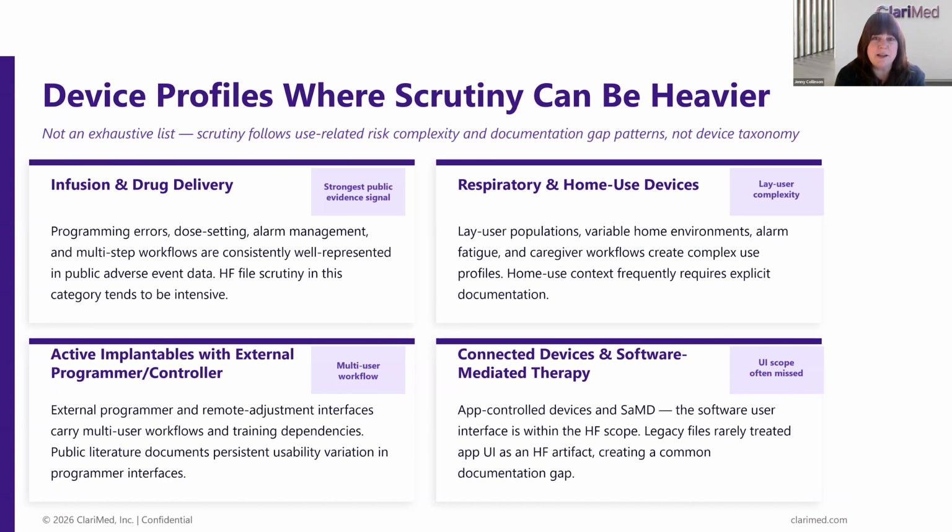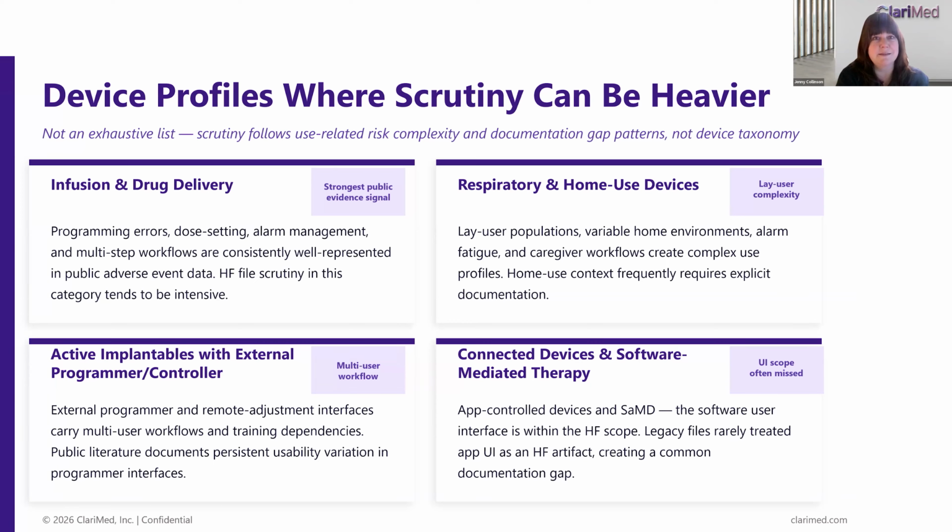Yeah, so I think we were just talking about the different types of device profiles which might lead to scrutiny, and it's nice that Angelina mentioned lay user populations because I just feel that's somewhere that should be scrutinized. I do think also sometimes, and we haven't mentioned it in this presentation, lay user and home use is added to the scope of use of a product after it's launched, so it will start out in professional use and then end up in the homes, and that needs to be considered as well.